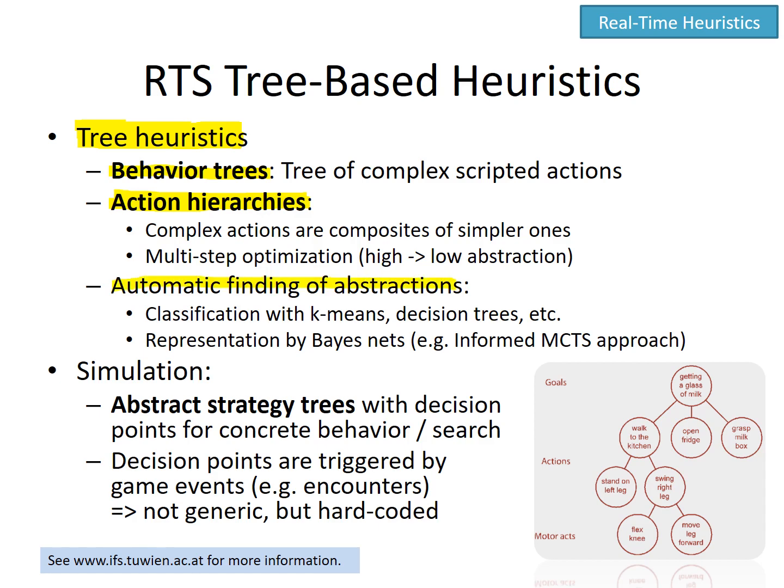A third thing that I found in the literature is to automate the finding of the abstractions. This is sometimes done by classification, sometimes by clustering. I found research papers that use decision trees and k-means. Some also use deep learning, and one particularly prominent method uses Bayesian networks.